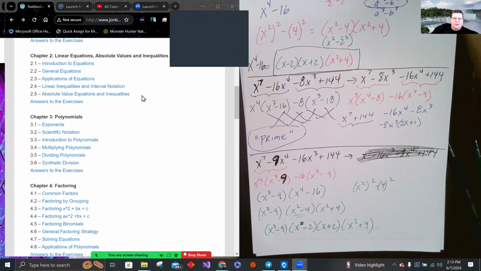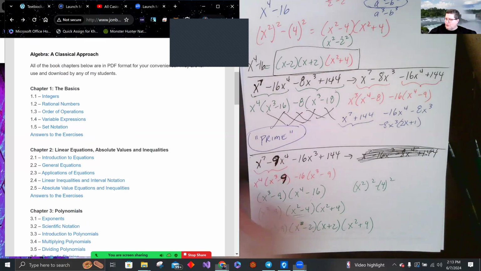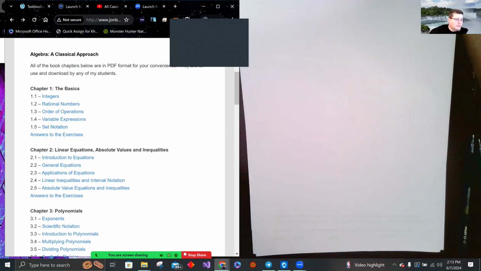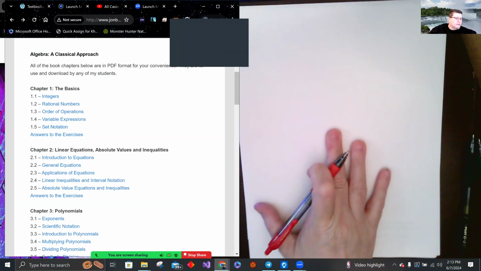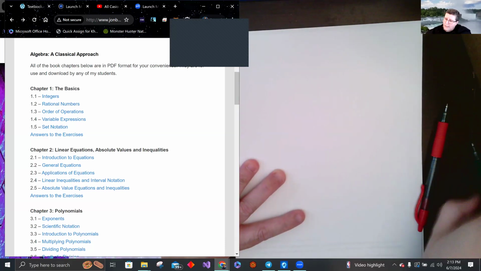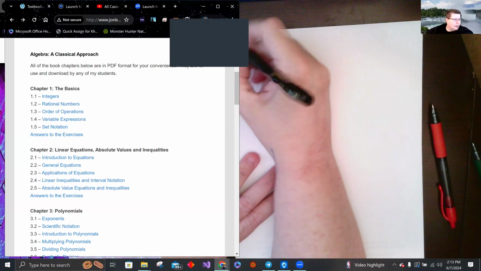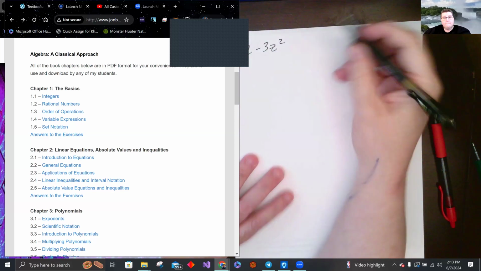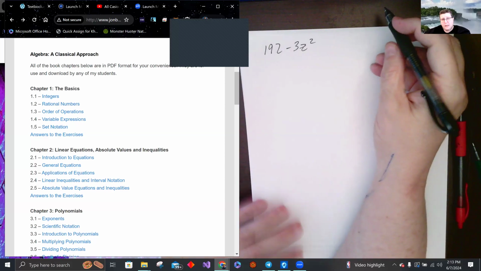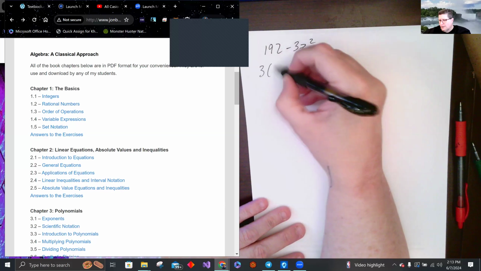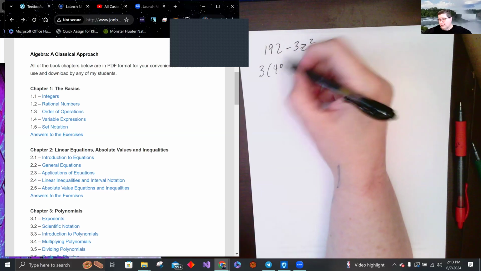You got one more I want to do, and then we'll call it a wrap on this section. Let's go with 192 minus 3z squared. If I divide by 3, this is 48. No, it's not 48.